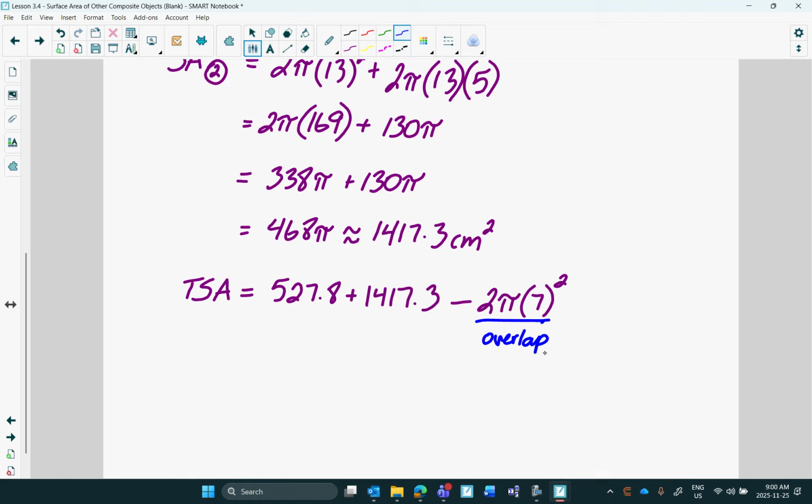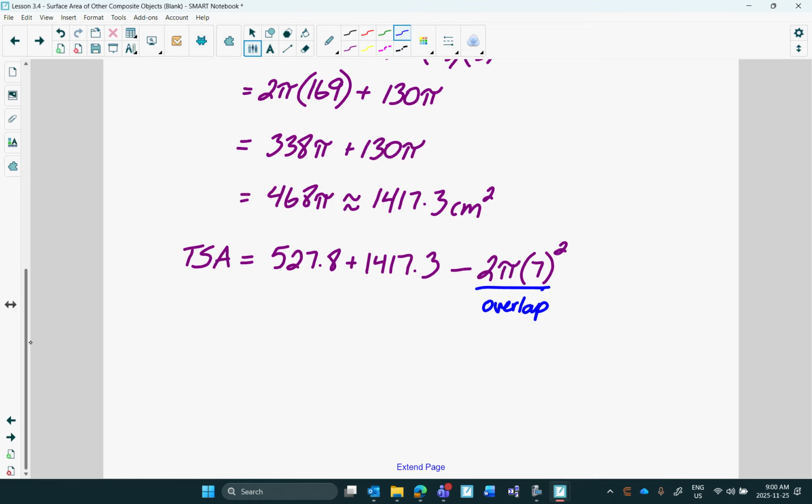So, what would we get? Let's just get the answer here. So this is 49. So let's do 2 times pi times 49, and give me the answer to one decimal place.